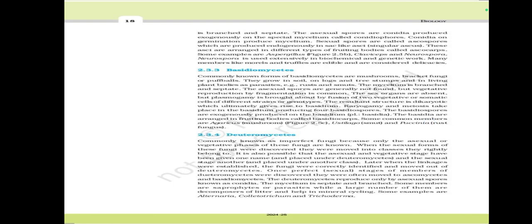Deuteromycetes, commonly known as imperfect fungi, because only the asexual or vegetative phases of these fungi are known. When the sexual forms of these fungi were discovered, they were moved into classes they rightly belong to. It is also possible that the asexual and vegetative stage have been given one name and placed under Deuteromycetes, and the sexual stage another and placed under another class.